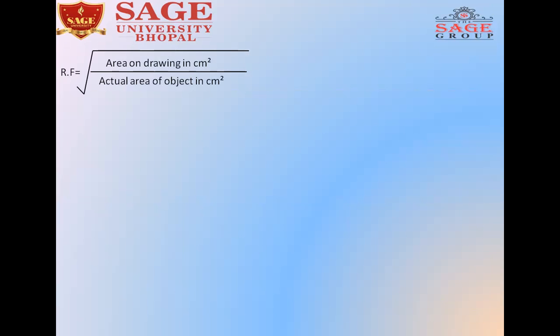Area on drawing in centimeter square upon actual area of object in centimeter square. Area on drawing is 3 by 2, which is 6 centimeter square, over 0.54 hectare, multiplied by 10 to the power 4 to get meter square, again multiplied by 10 to the power 4 to get centimeter square. Finally our RF is 1 by 3000.